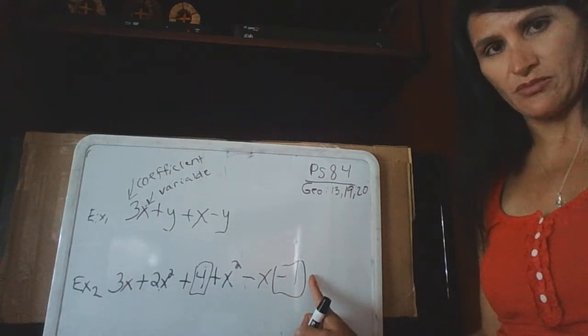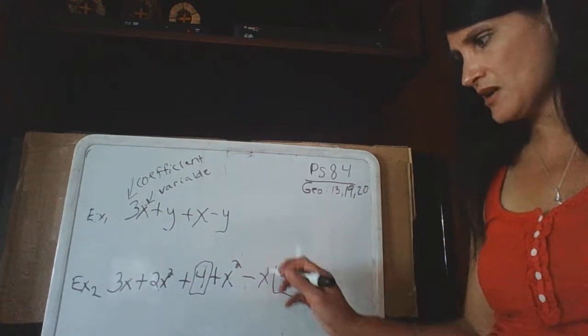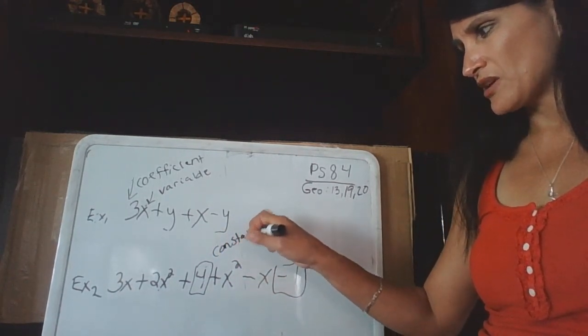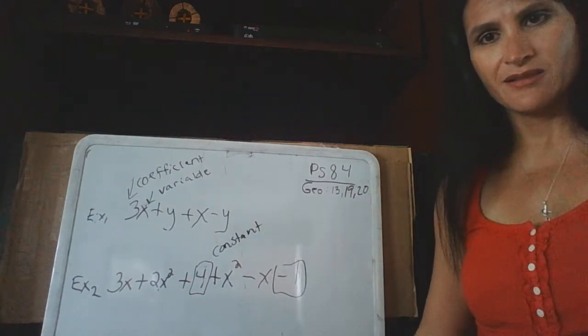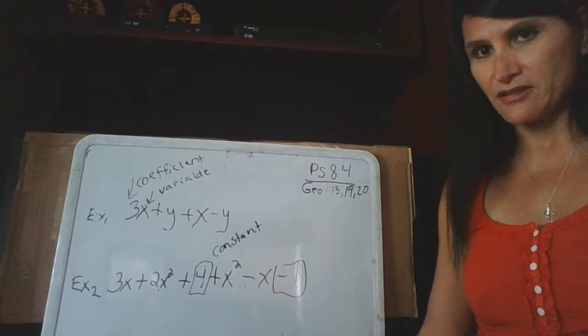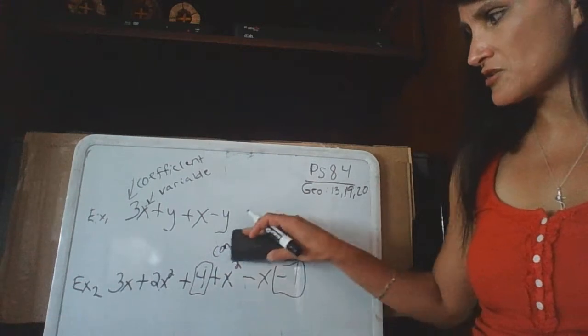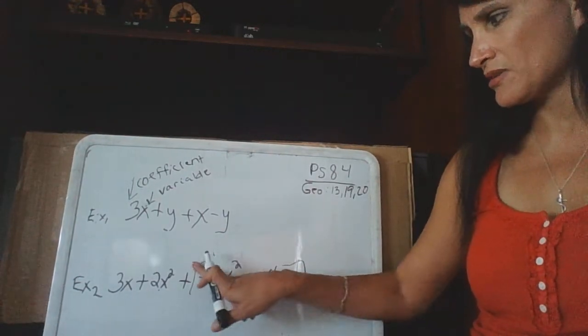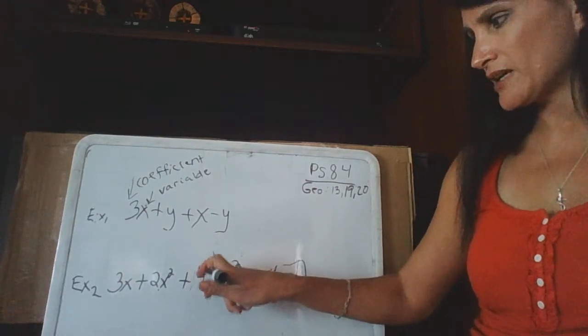Those are not variables, and those are not coefficients. We call these constants. So think about science. A constant is not changing. Okay, so those don't change. Those can be combined, but they're not affected by anything else. Okay, so let me rewrite that as a 4.